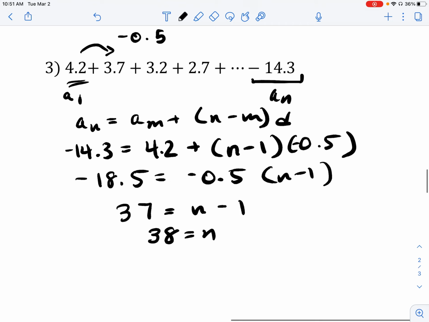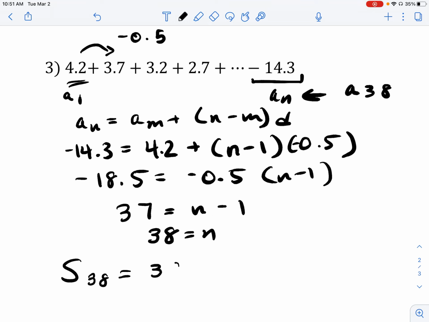Before I find the sum, just make sure we understand this turned out to be a sub 38. This was the 38th term in our series. So if we're finding the sum of the first 38 terms in our series, we're going to take 38, which is the number of terms we're adding, divide by 2, times the first term plus the last term, in this case the 38th term, so negative 14.3.